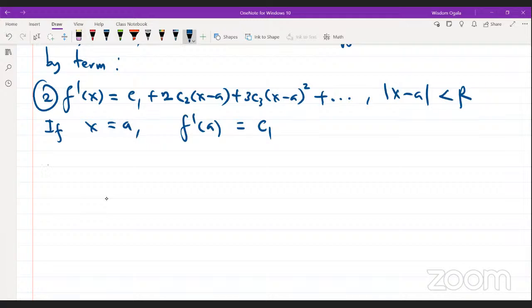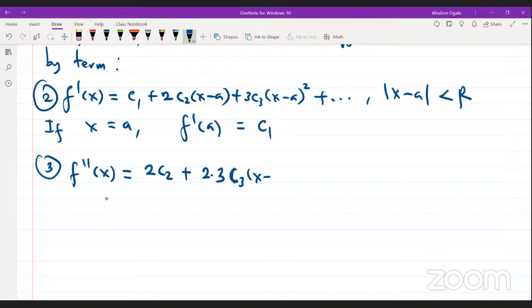All right, so number 3. In number 3, let us differentiate equation 2 again. If I differentiate equation 2 one more time, what happens? This becomes 2c2 plus 2 times 3 c3 (x minus a).